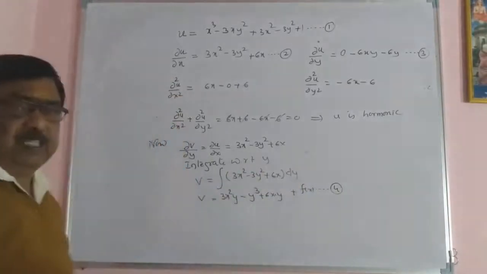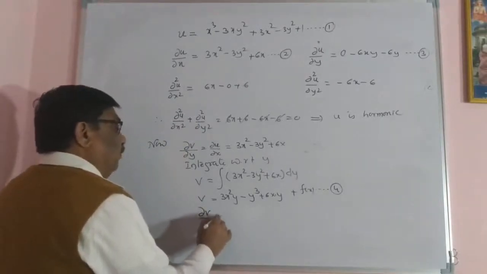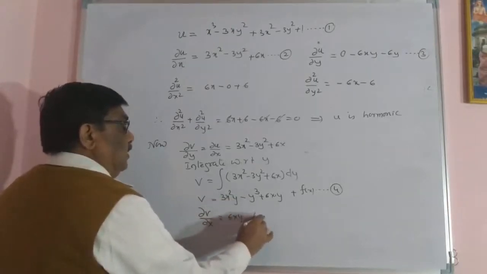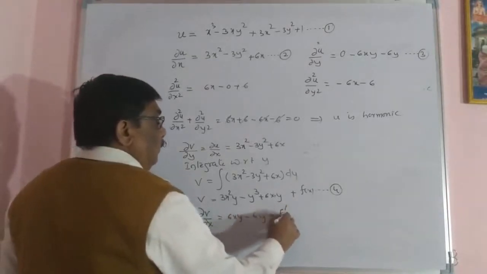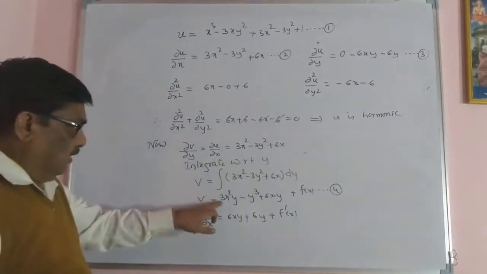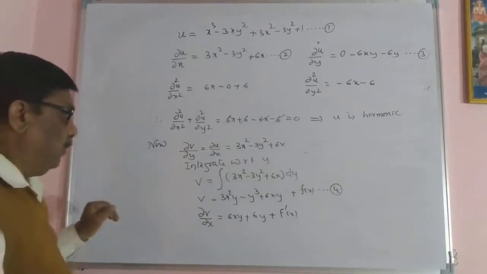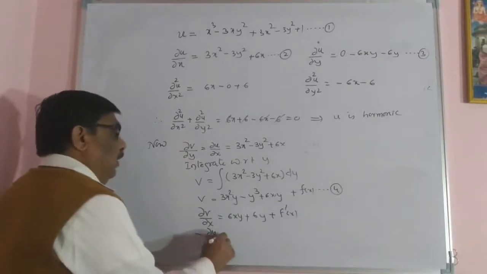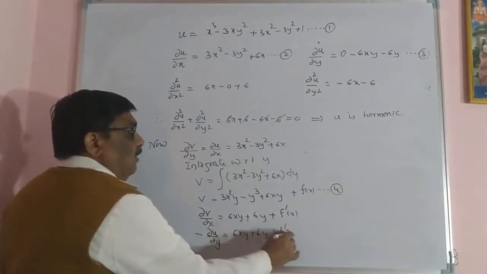Differentiate partially with respect to x. Dou v by dou x equals 6xy minus 0 plus 6y plus f dash. Yes, this is 6xy, this is 6y, because you are differentiating partially with respect to x. Minus dou u by dou y equals 6xy plus 6y plus f dash of x.